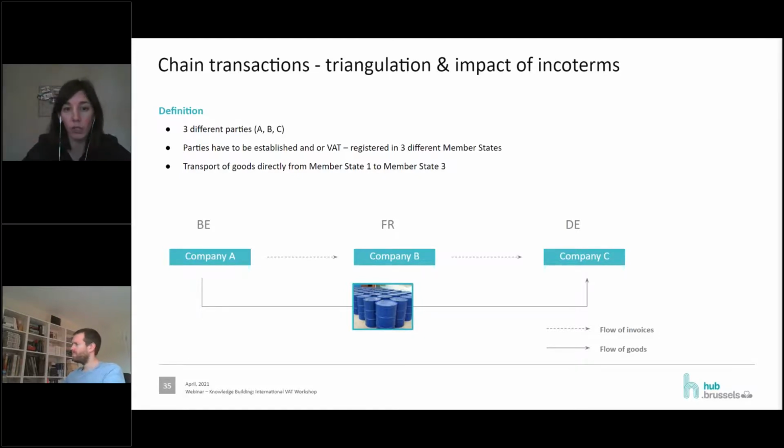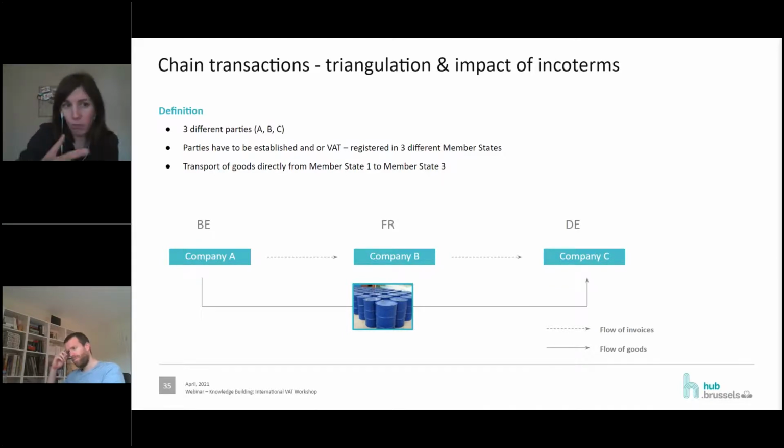So we have 2 sales, A to B, B to C, but we only have one transport from A directly to C. There is a lot of case law at EU level saying that in this situation the intra-community transport of the goods can only be attributed to one of the supplies in the chain.